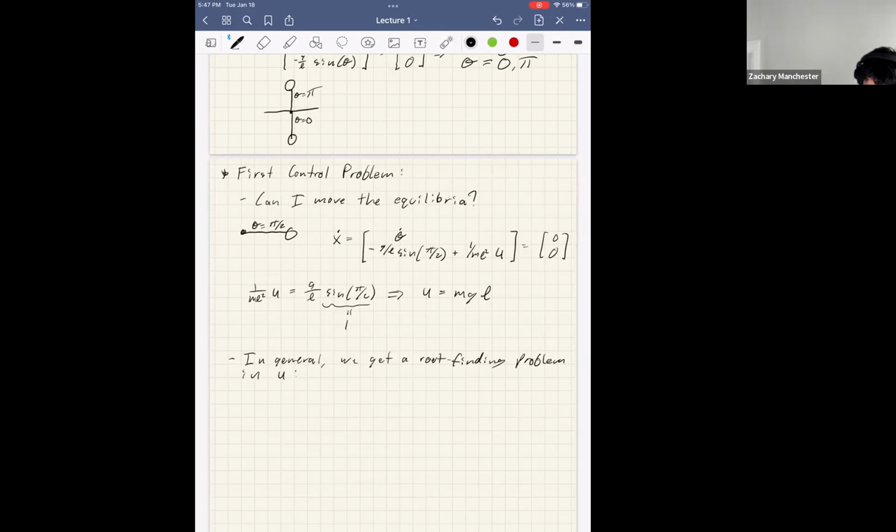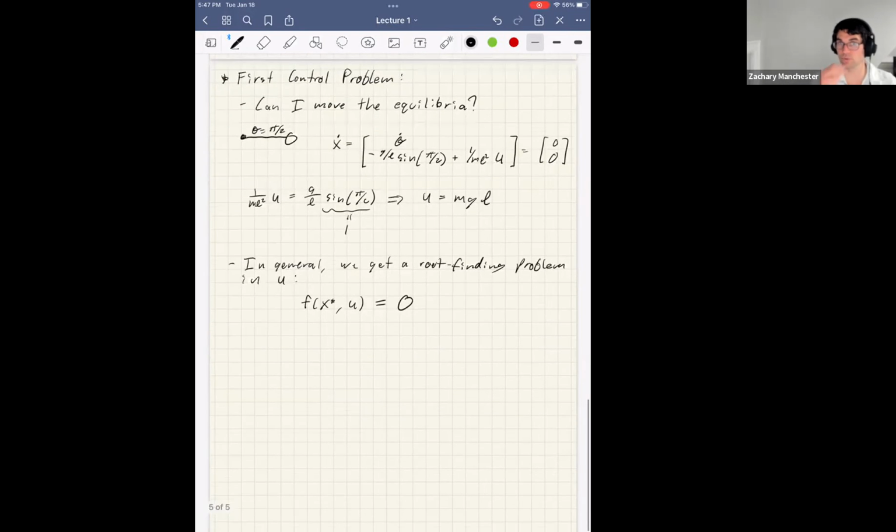Given some x star that I want to be an equilibrium, I can plug that into the dynamics, set that equal to 0, and solve for the u that makes that happen.